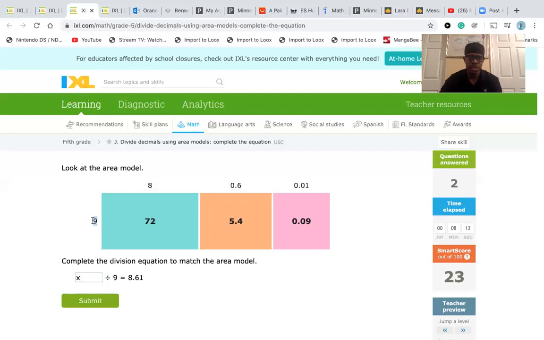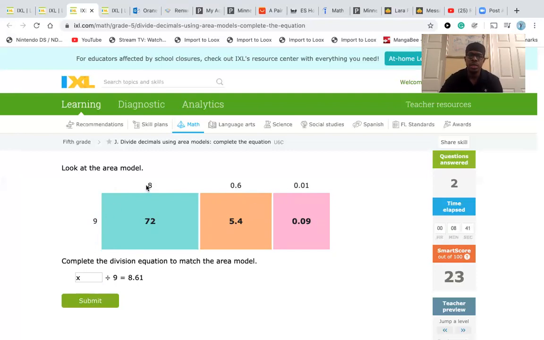So we have the 9 here, we have 8, and then 0.6, and then 0.01. So we have all the place values spread out. So 9 times 8 is going to give you 72. 9 times 0.6 is going to give you 5.4. And then 9 times 0.01, 9 times 1 is 9, 9 times 0 is 0, 9 times 0 is 0, 0.09.